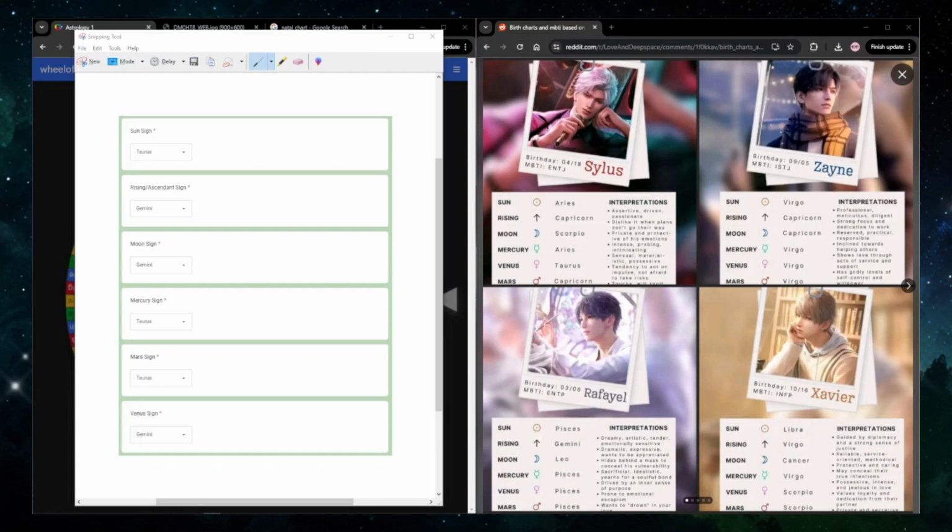Since that's an earth sign, let's pair you up with Raphael, since he clearly has water heavy in his chart. So let's see. Your Taurus sun and his moon is in Leo.